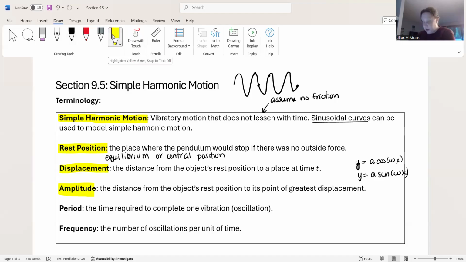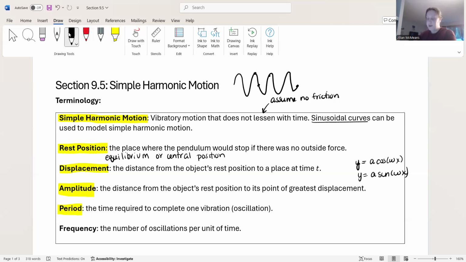Okay, period. We've talked about the period, but we're going to talk about it very specifically for this simple harmonic motion situation. In a regular sine wave or cosine wave, the period represents the distance for one full cycle of sine or cosine. Here it means a little bit more.